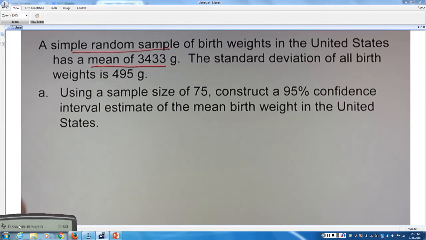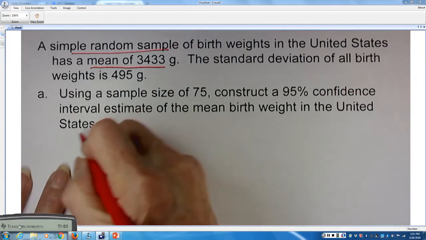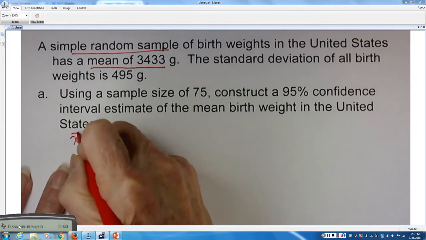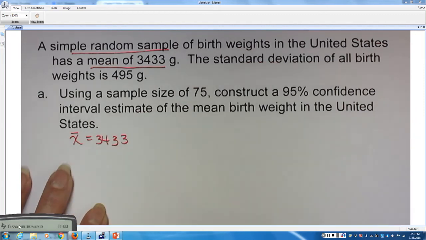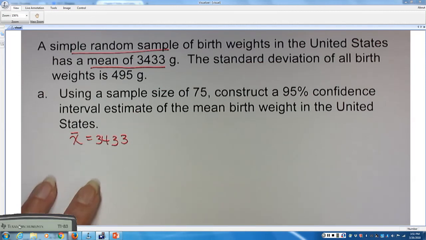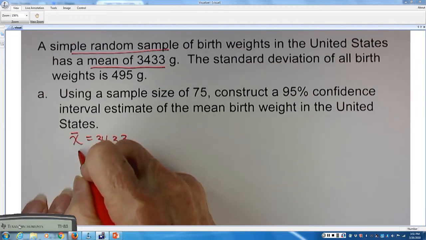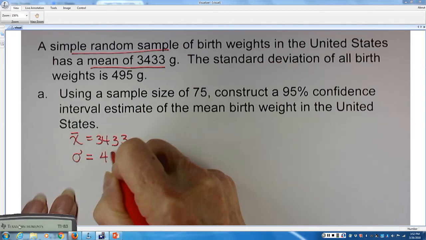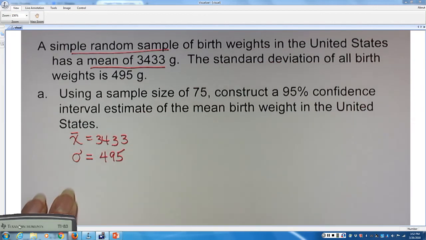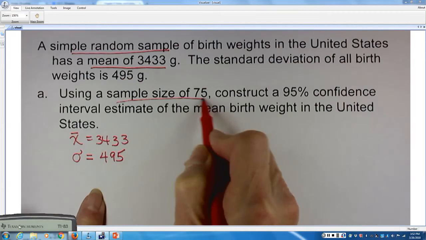X bar is 3433. But for some reason, even though we don't have the population mean, we know its standard deviation. So that sigma is equal to 495. And our sample size is 75.